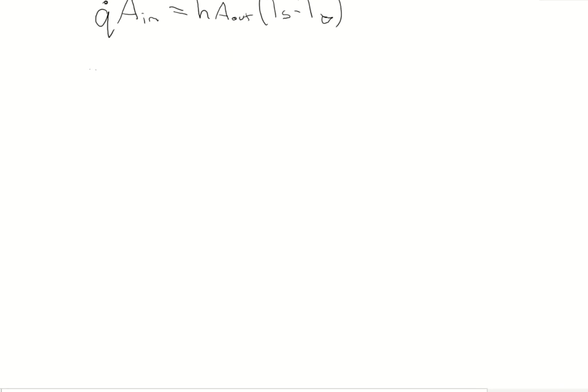Okay, so we'll expand this a little more. Our Q dot on the inside times pi d squared is equal to our h and then our pi d squared on the outside.